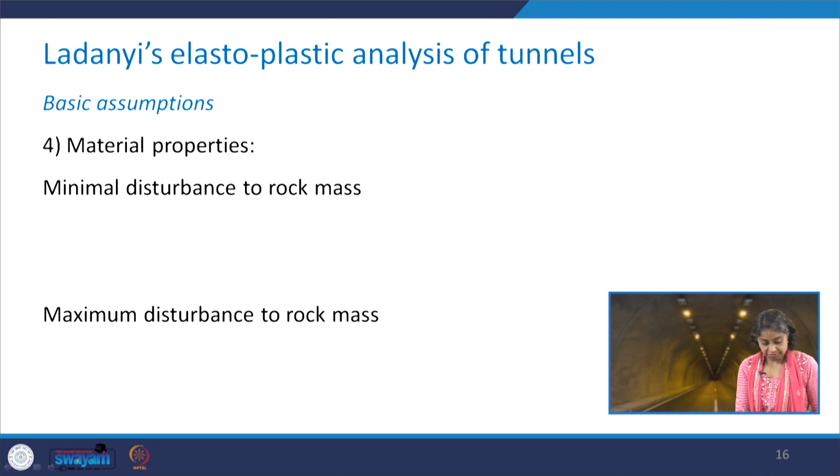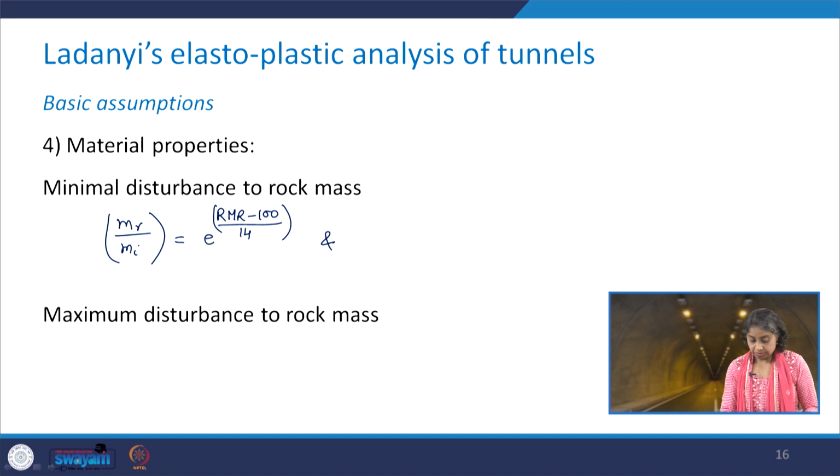We have for this case mR upon mI, where R stands for the rock mass and I is for the original rock mass, equal to e to the power (RMR minus 100) upon 14, and sR will be equal to e to the power (RMR minus 100) upon 6.